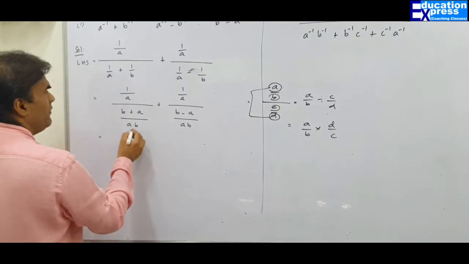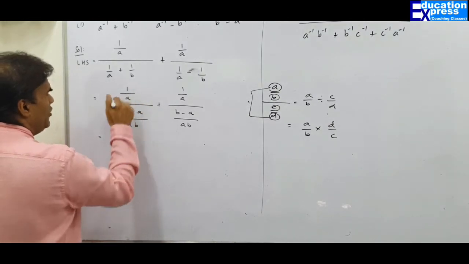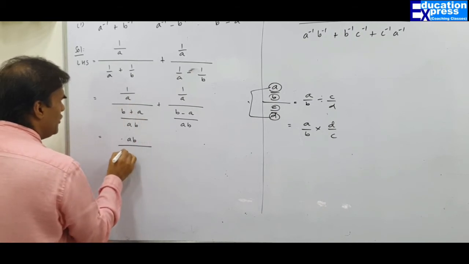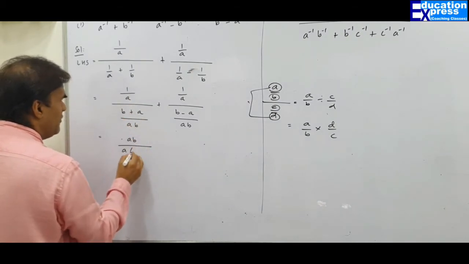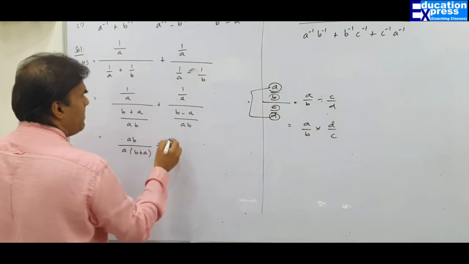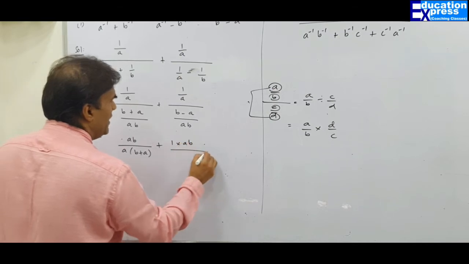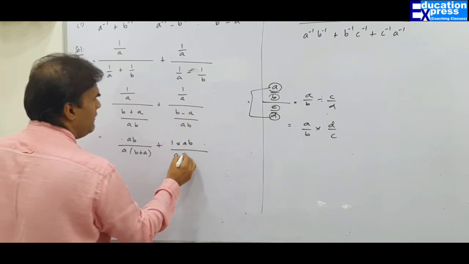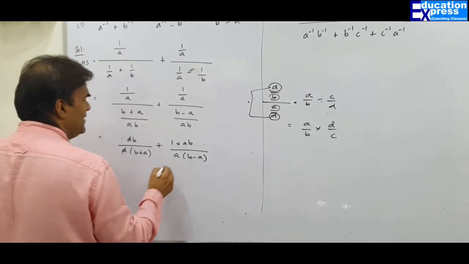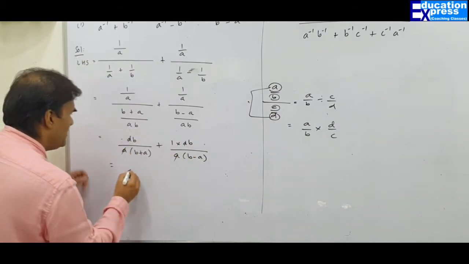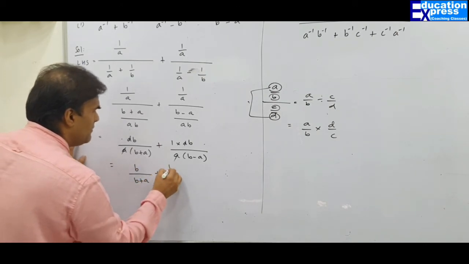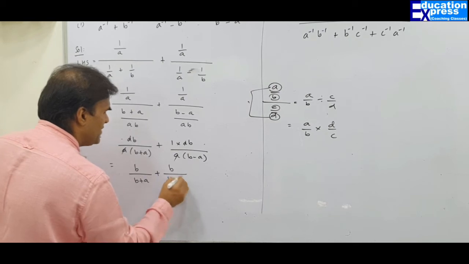So here also if I do so, my ab into 1 would be the numerator and this 2 is going to form the denominator, which would be b plus a. Here same thing, 1 into ab, that will be ab. What remains? Sir, a, b minus a. Anything to be cancelled? a cancels, a cancels. What remains? So b upon b plus a plus b upon b minus a.